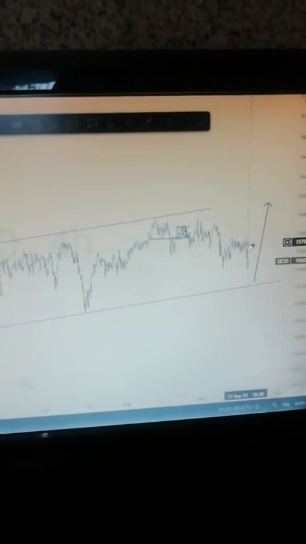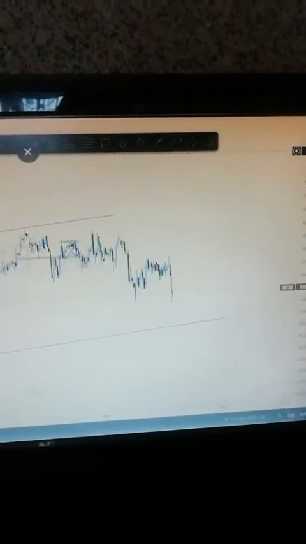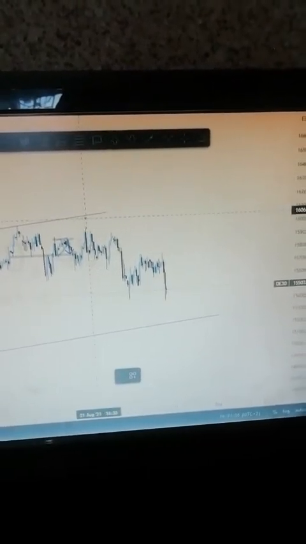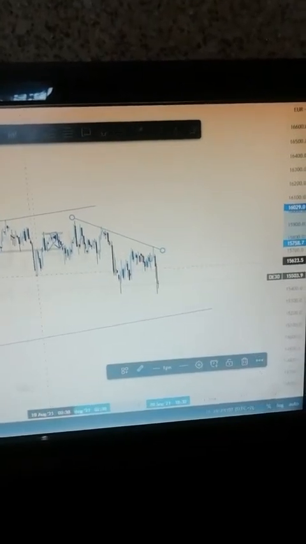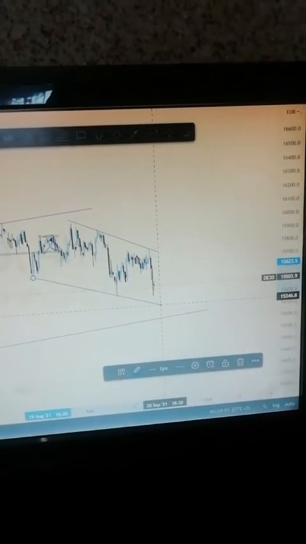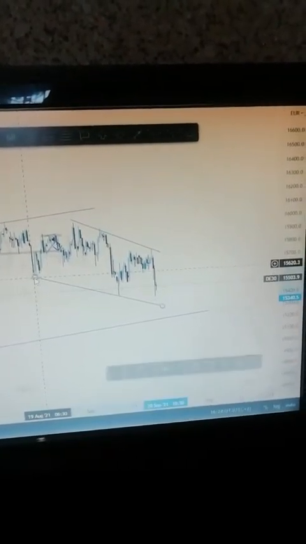So let's just look at what price is doing right now, right? We're seeing lower lows. Maybe this one, or you can even use this one here.